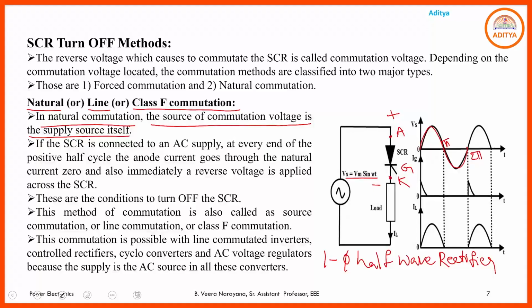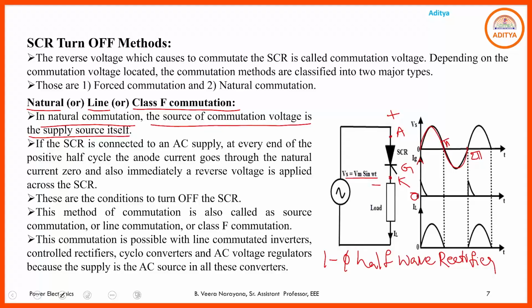So during this positive half cycle, the SCR will be in the forward blocking mode or forward biasing mode. So from 0 to pi, during the positive half cycle of the supply, the SCR is continuously in the forward blocking state. At omega t equal to 0, we provide the gate current.